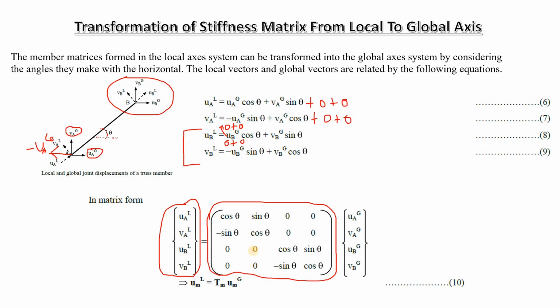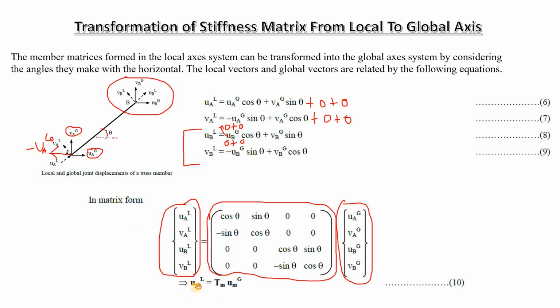Okay, so we can say that this is the transformed matrix, and along with that we have to multiply this UA global and VA global, so that is why it is right over here. So the U member, the deflection of the member, M stands for member, so the deflection of the member AB, we have a member here, this is the member AB.